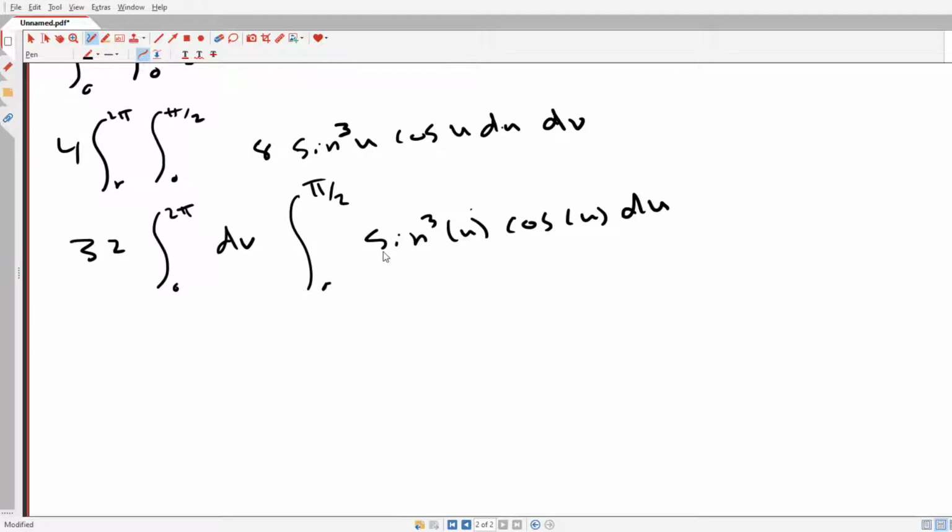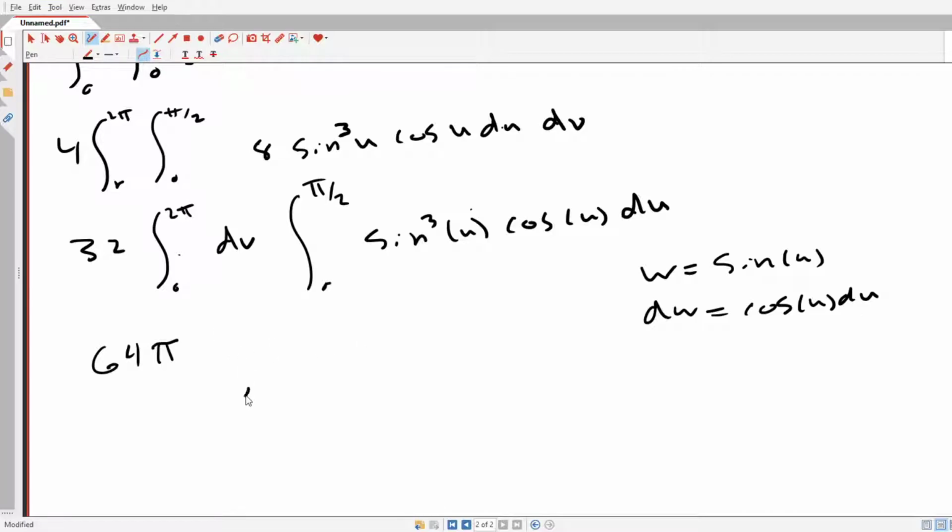So now this is going to be 2 pi, so I have 64 pi times this. I need to do a u sub. I'm going to use w since u is already taken. So w equals sine u, dw equals cosine of u du. So this becomes the integral.